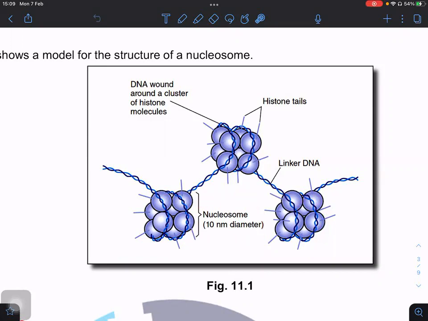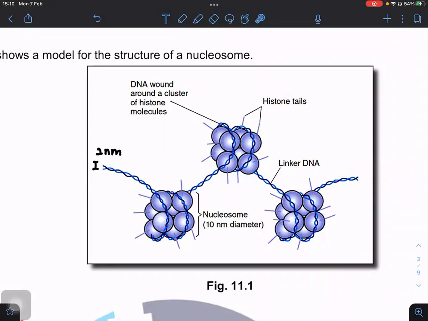The diameter of DNA is 2 nanometers. After it wraps onto the histone protein, it forms a nucleosome with a 10 nanometer diameter. Are you clear? The parts that are not coiled around the histone protein are termed the linker DNA.